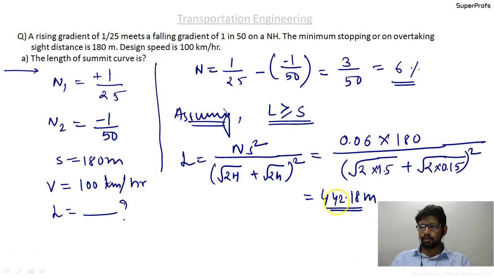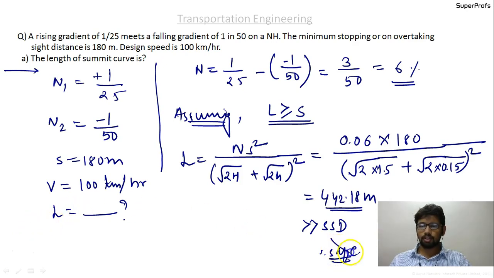This is greater than SSD, therefore our assumption is correct and we need not use the second formula. So the length of the summit curve is 442.18 meters.